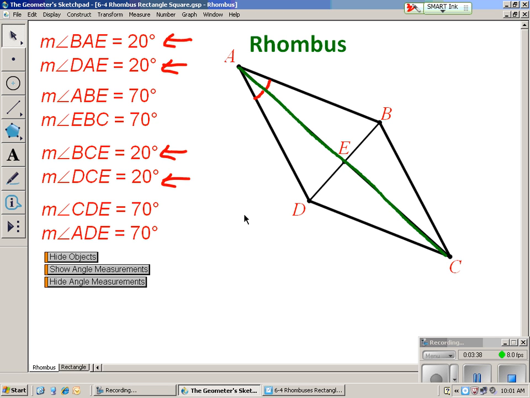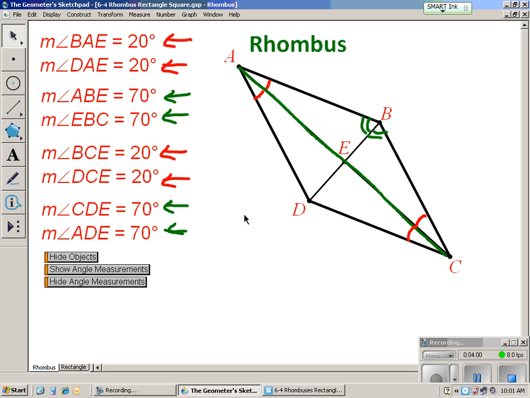Angle BCE is right here, and angle DCE is right here. Again, angle C has also been bisected. Also notice that these angles are the same: angle ABE is congruent to angle EBC.